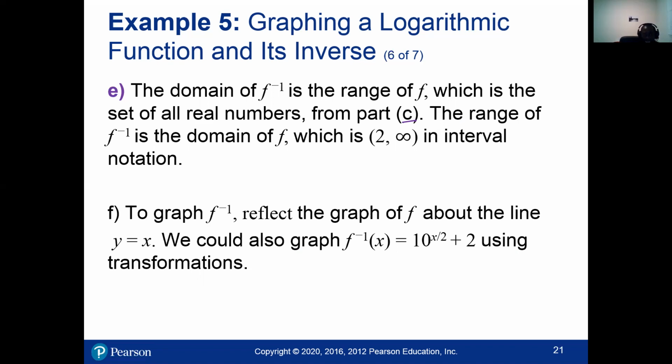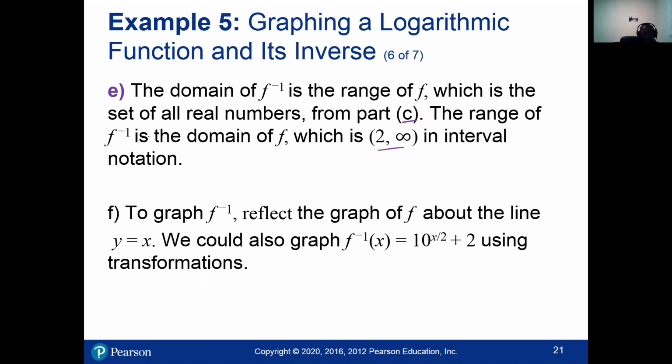And from part A, we found the domain to be from 2 to positive infinity. Okay, so the range and the domain of the inverse function are respectively 2 to positive infinity, and all real numbers.